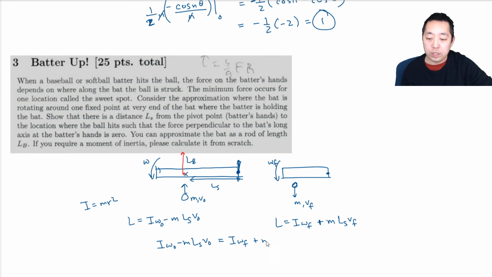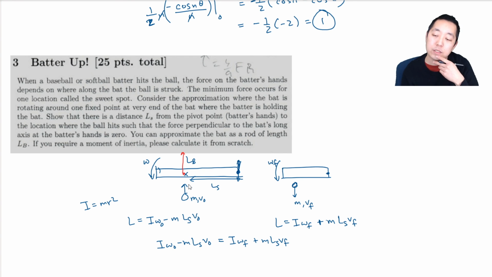I'm going to have to go here in a second. Okay. And omega F, as it relates to this point, is just the velocity of the bat.